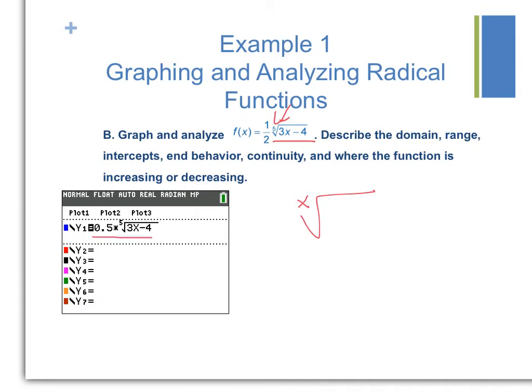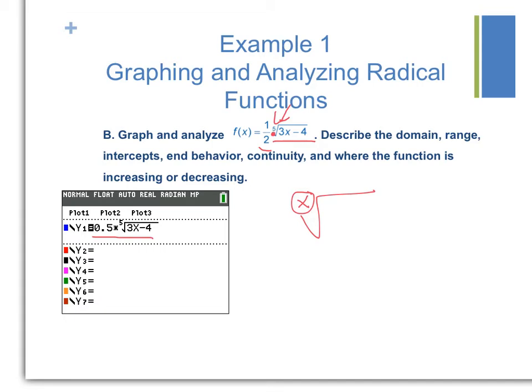So if we have an index of x, if we typed this into our graphing calculator, the 1/2 I typed in as 0.5. And then I put a times in between the 1/2 and the radical. Otherwise, you're not going to be able to get this 5 in the proper place.